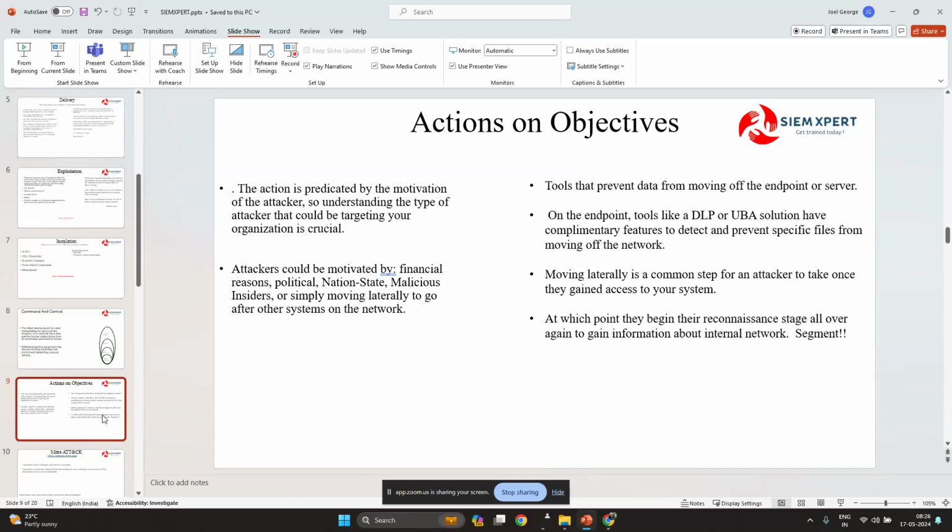There are two ways: either you pay a ransom and get your data back, or he sells the data. Depending on that, a threat actor completes his actions.